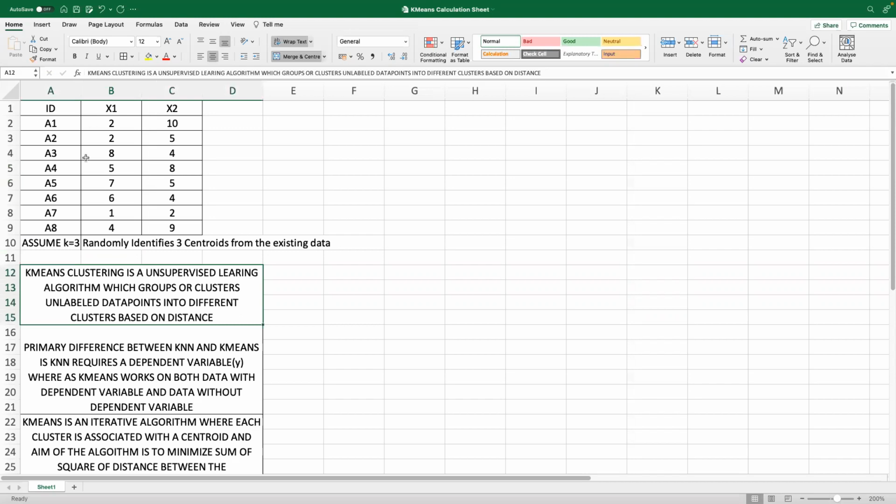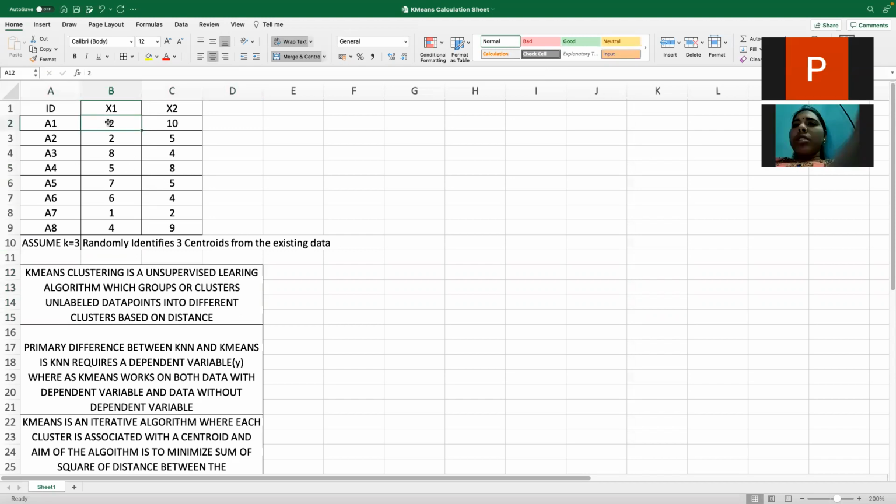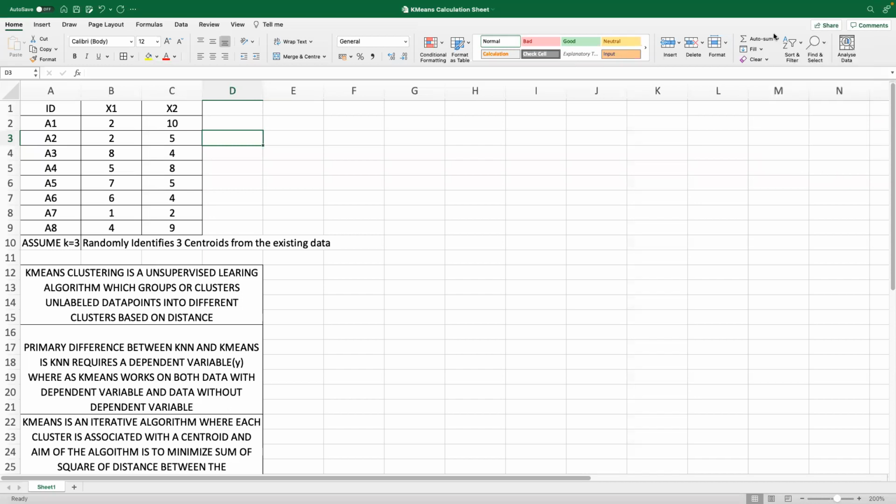Take, for example, in our case, it has taken 2, 10 as one centroid, 5, 8 as the second centroid and 1, 2 as the third centroid. It randomly takes 3 centroids from the given data points.